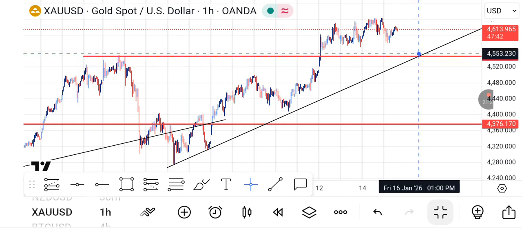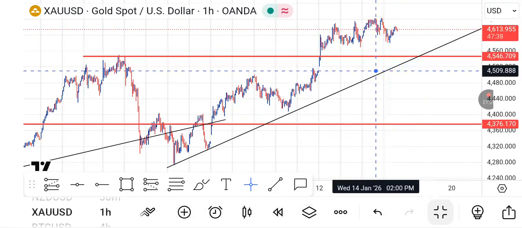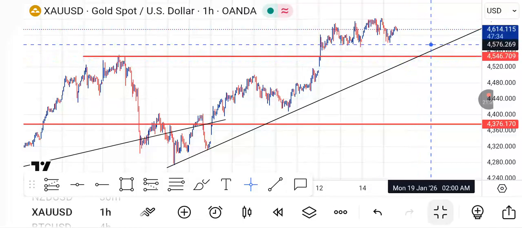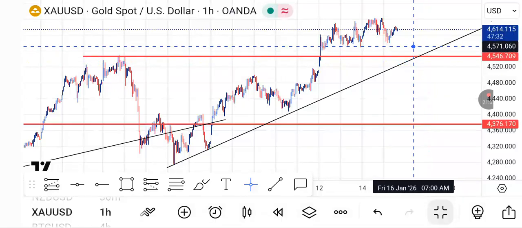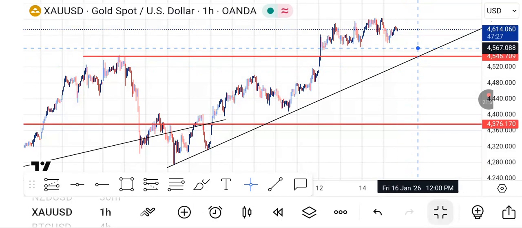This is a support trend line. A nice intersection here for a nice buy. So this is it for gold USD. This is a nice analysis for gold USD.